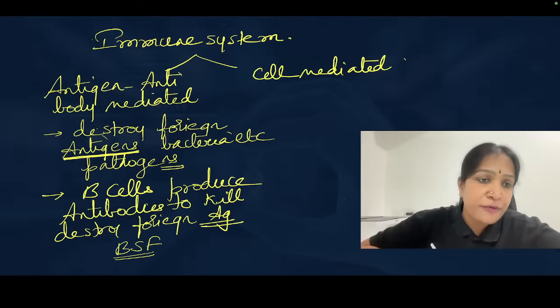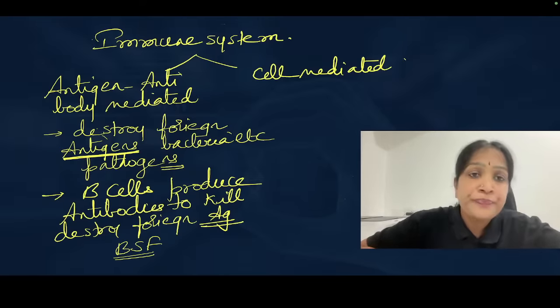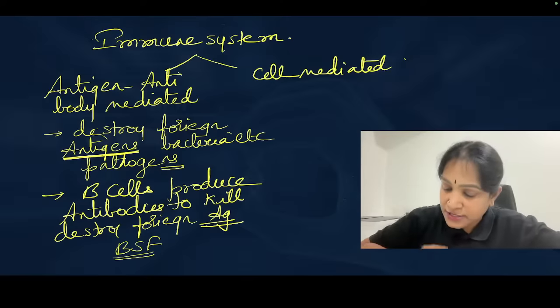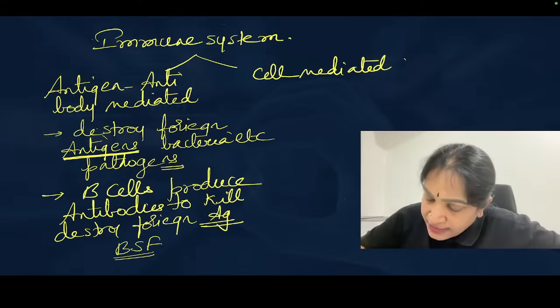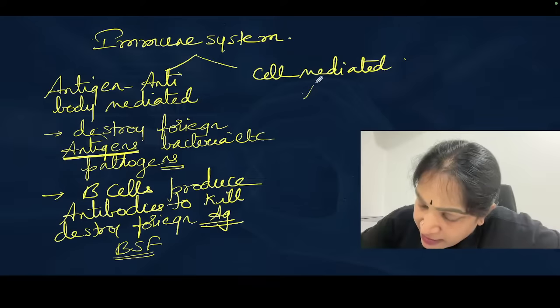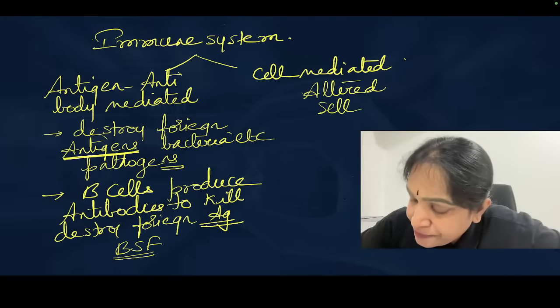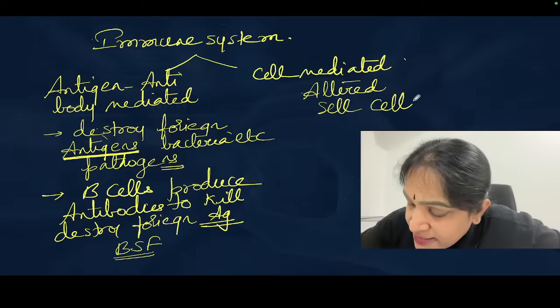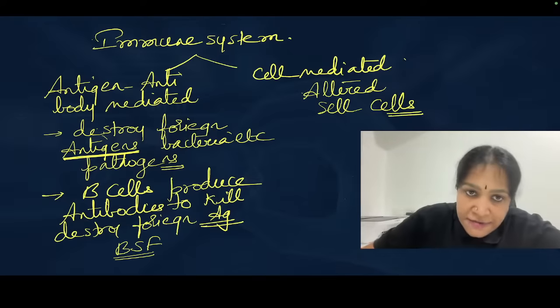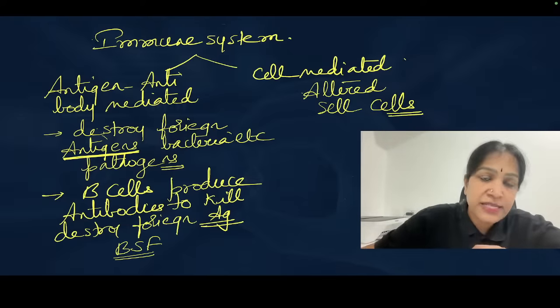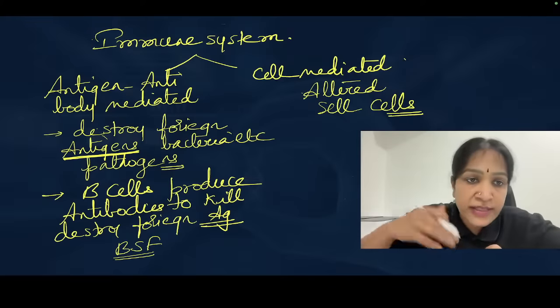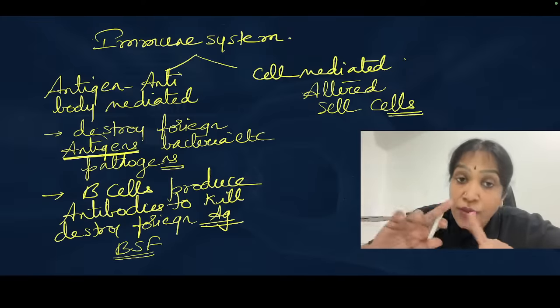The second type of immune system is the cell-mediated immune system. It is not targeting the foreign. It will target altered self cells. Altered self cells means my cells only. They are not coming from outside, not foreign.